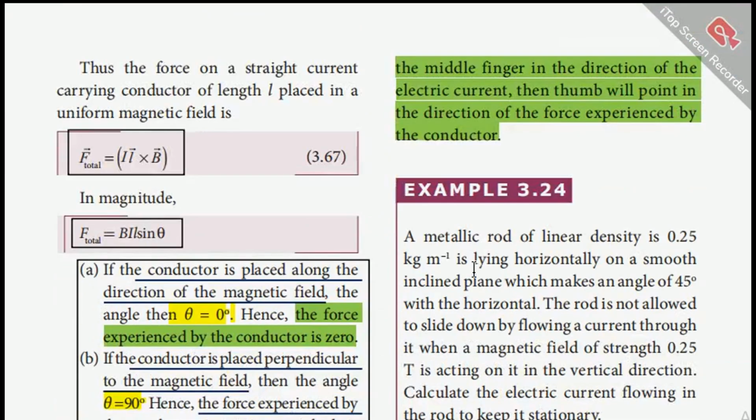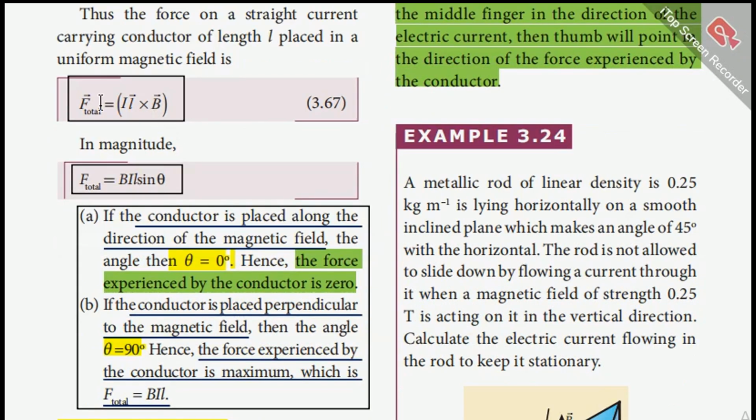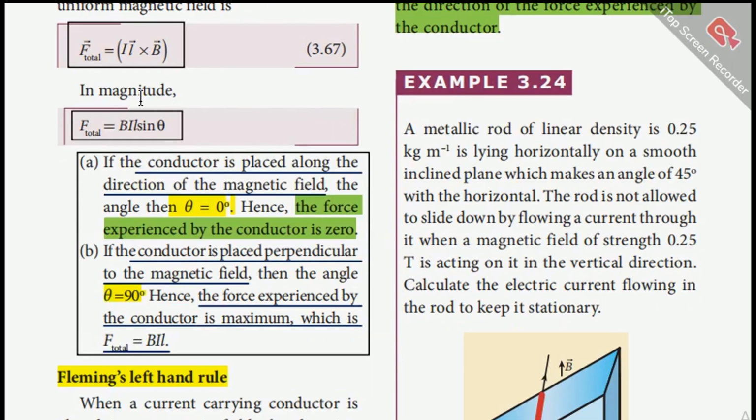Thus, the force on a straight conductor carrying current, which has a length L placed in a uniform magnetic field B, is given by the expression F total equal to I L cross B. This involves both magnitude and direction. In magnitude, the expression can be written as F total equal to B I L sin theta.